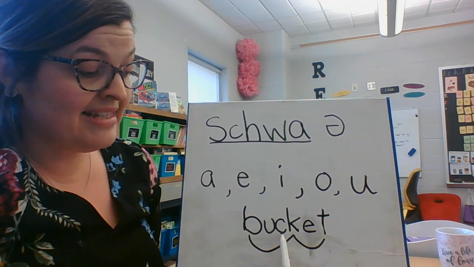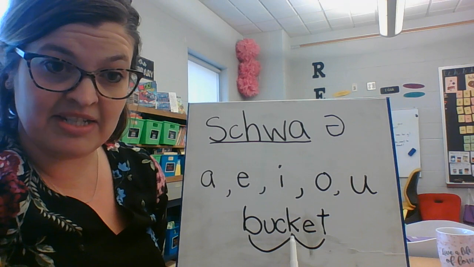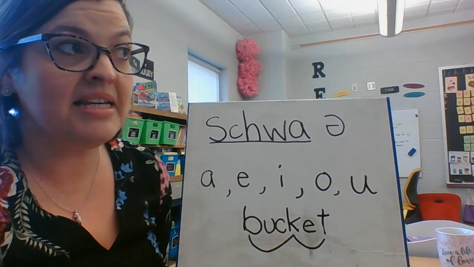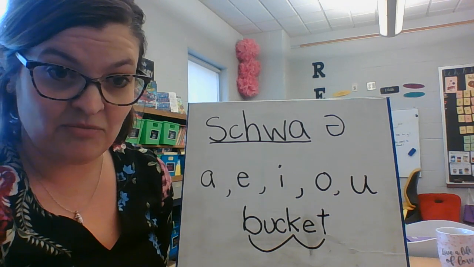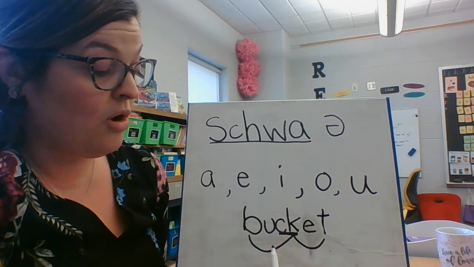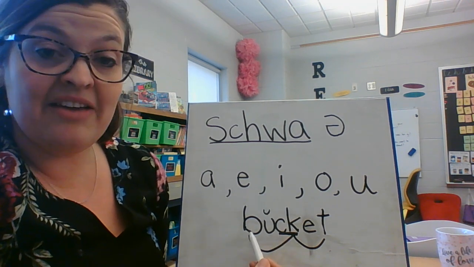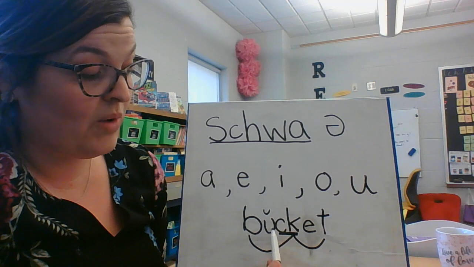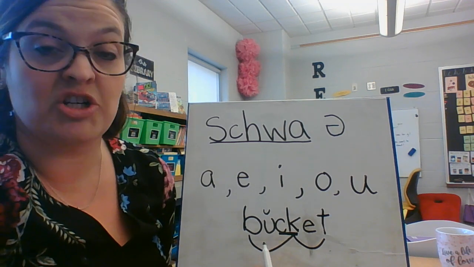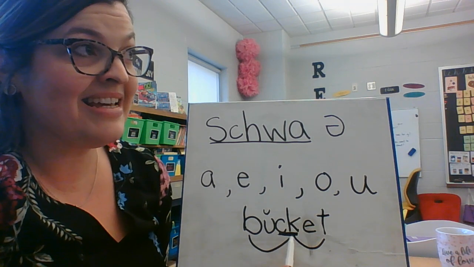We see here also the first syllable has a k sound in it. Now we know that there are three ways to make the k sound: the C, the CK, and the K. So how did we know that this was a CK here? Well, we know because this U is short. If it's in a syllable where you have a vowel followed by a k sound, and the vowel is short, like here, it's going to be CK.